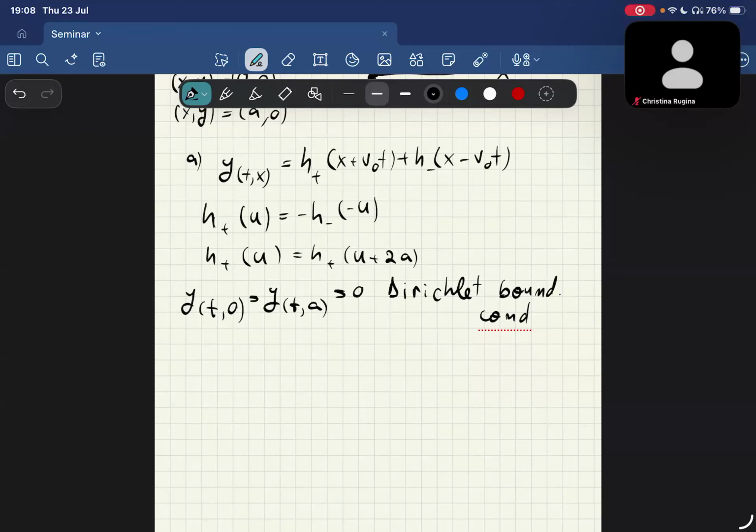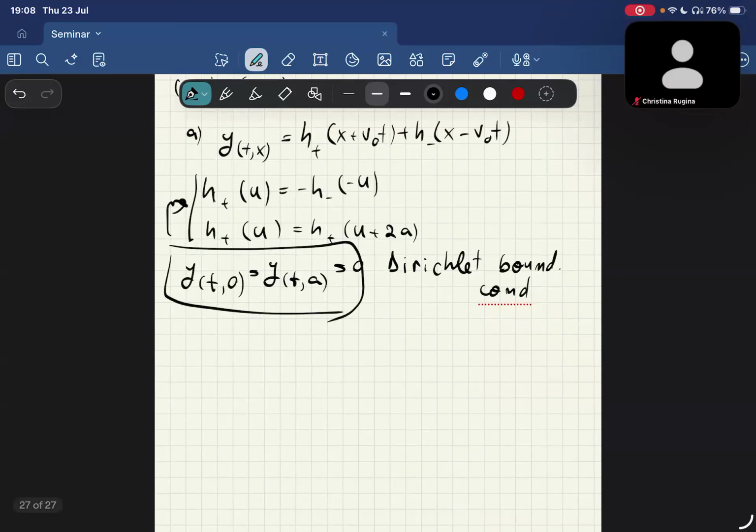Okay, great. So by using this relation right here, we should derive these ones right here. Pretty simple for the first point. So to do this, we just take the first part of this condition, that is y of t, 0 is equal to 0. So we just replace x being equal to 0 in the general solution.